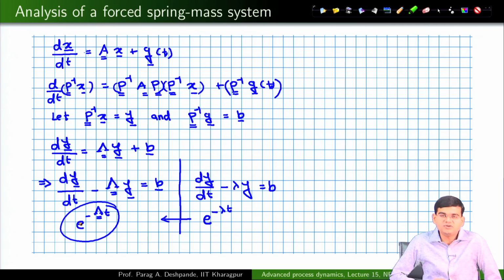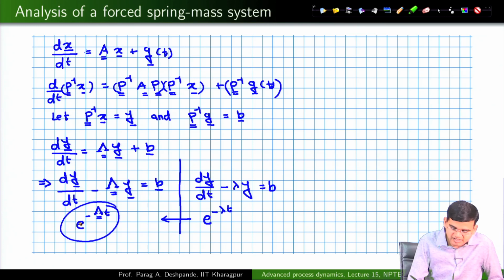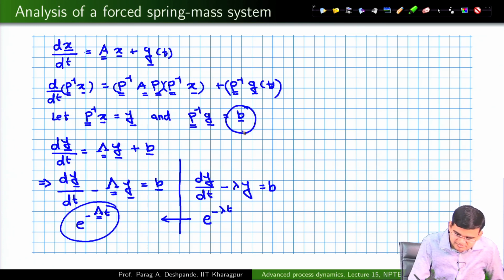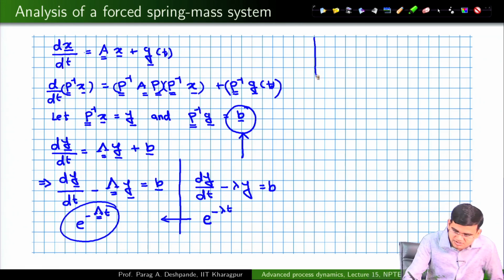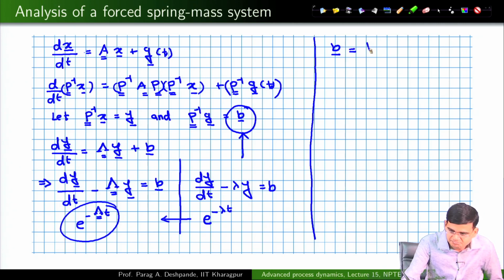Now, when I solve for y, I will come across a situation where I would need b, because b is not known to me. Is it very difficult to know b? Well, not, because b is P inverse g, right, and what is this equal to?